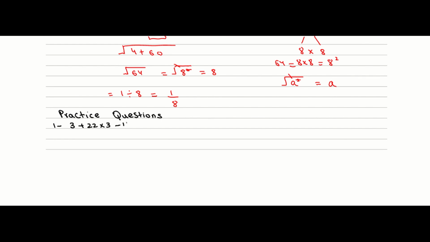Second is 3 minus 5 divided by 5 plus 1. The third one is 3 plus 2 times 5 minus 1 times 3. And the fourth one is square root of 3 times 2 times 5 plus 3.